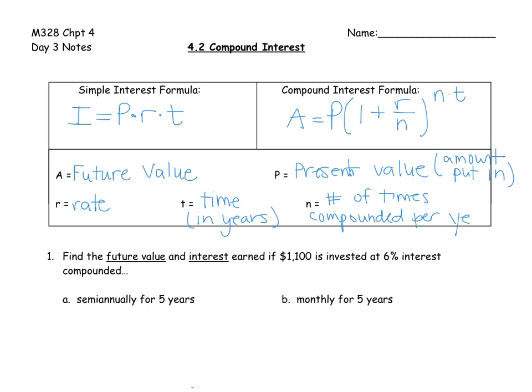And what I mean by that is if they say that it's compounded monthly, that's happening every month, so it's 12 times a year. Semi-annually, if you think about a semi-annual sale, that's happening twice per year, so N equals 2. Semi-annually and monthly are the most common ones that you'll see. Yearly, annual, so they'd say annually, that kind of thing.